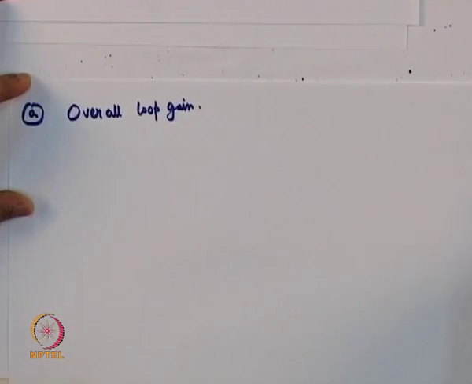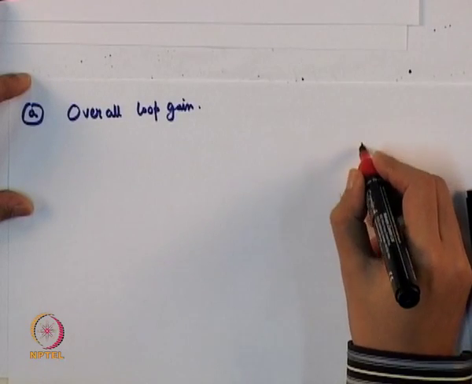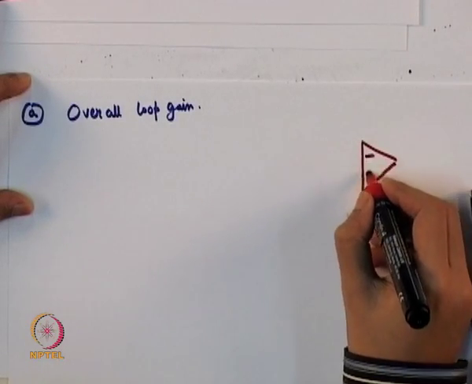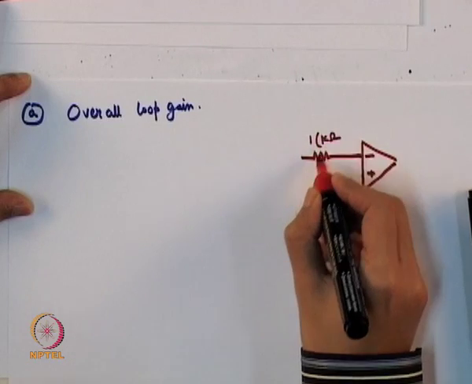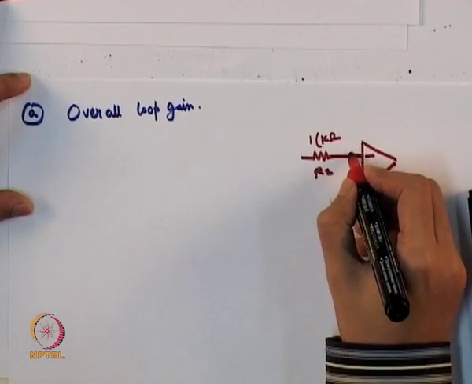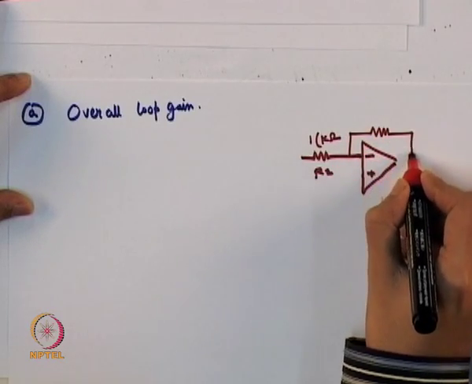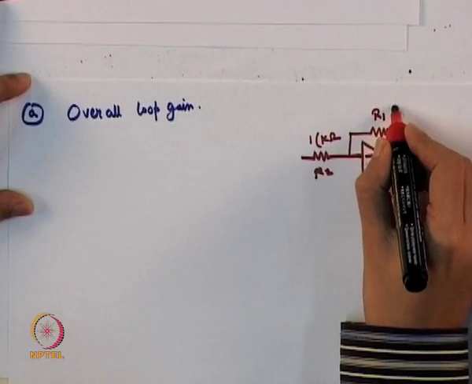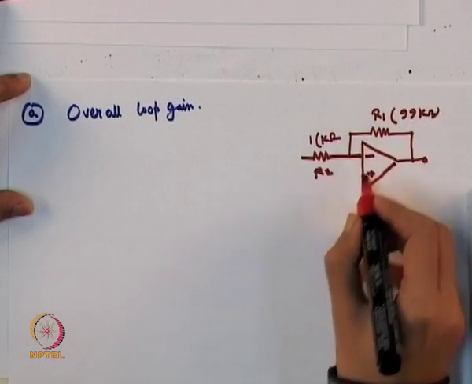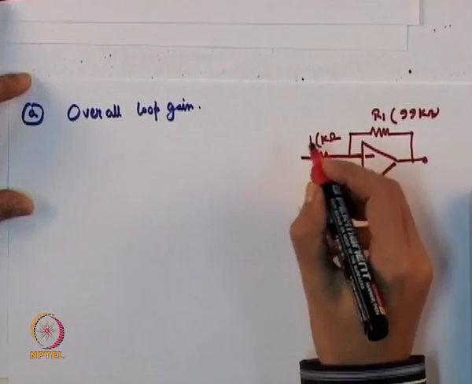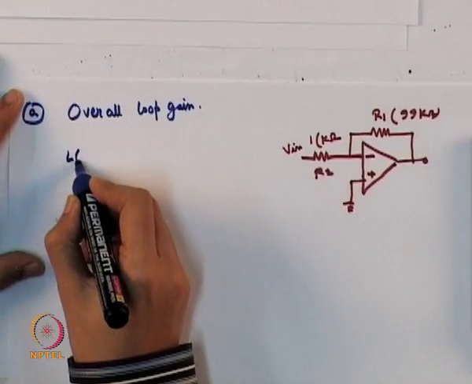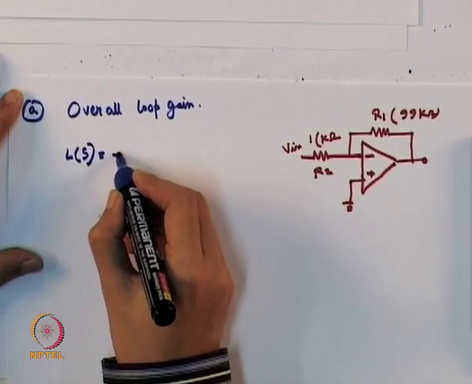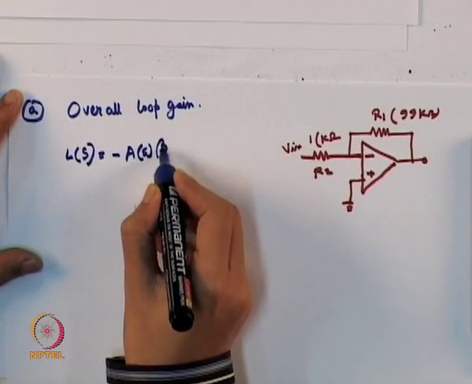So, the circuit for the first part is: this is 1 kilo ohm R2, this is R1 99 kilo ohm, this is ground, this is V in. The overall loop gain we determine as Ls equal to minus As into beta.